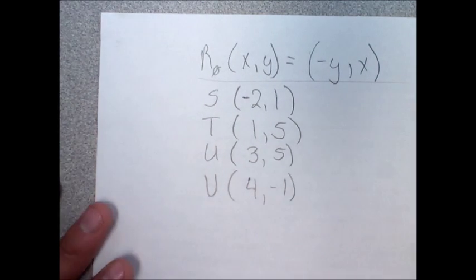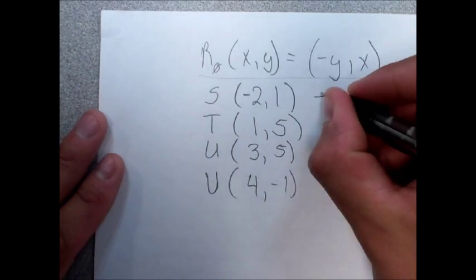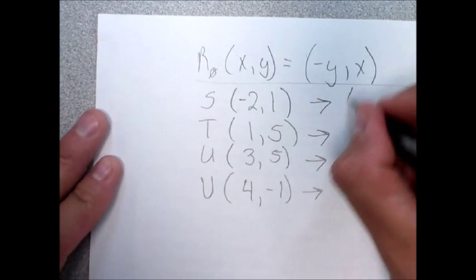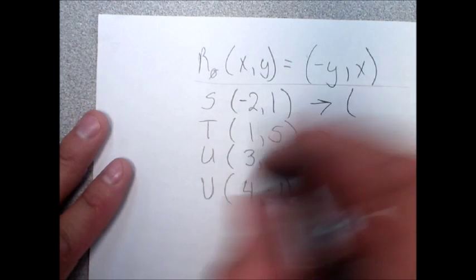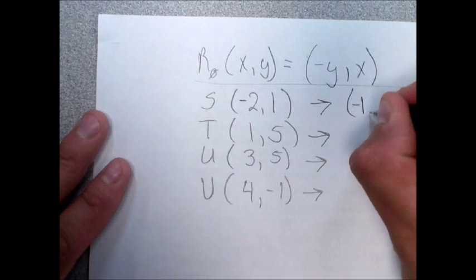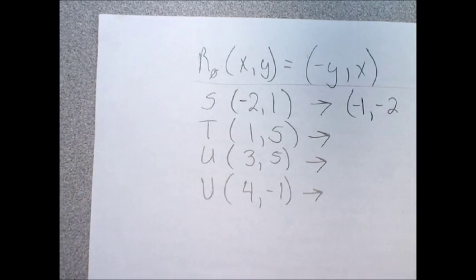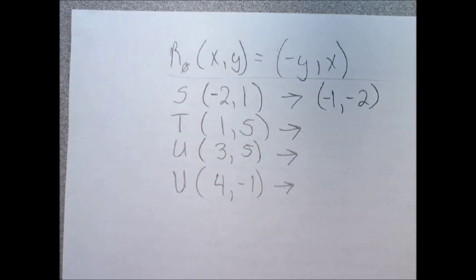All right, now we need to just perform this transformation on her. So I'm going to write this arrow for this one. Now I'm going to flip it, right? So my y is going to come to the front, and it's changed, and the other one's going back. So -1, -2 in parentheses. If you don't put them in parentheses, I will not give you credit for them.